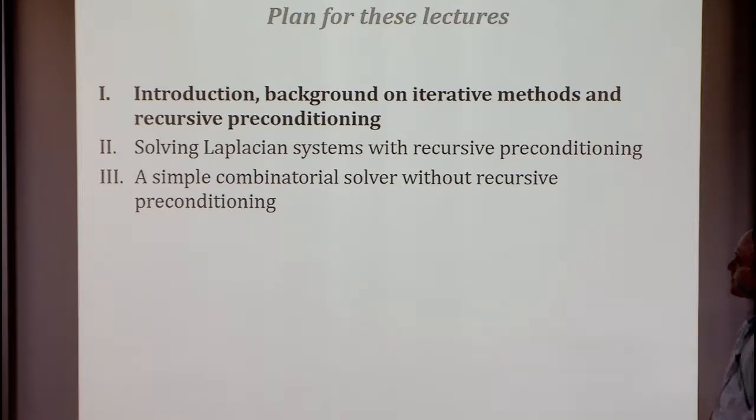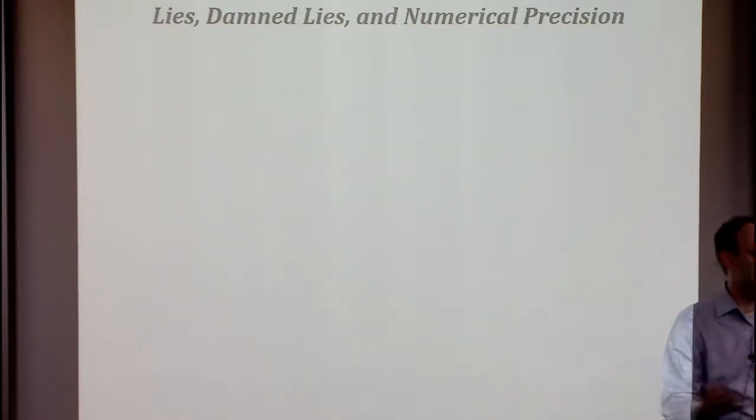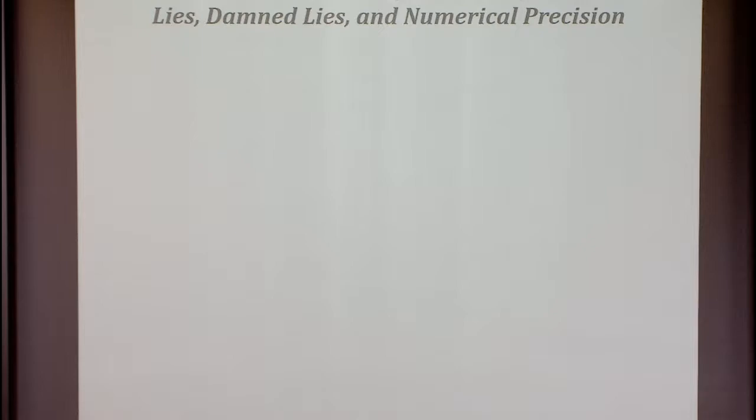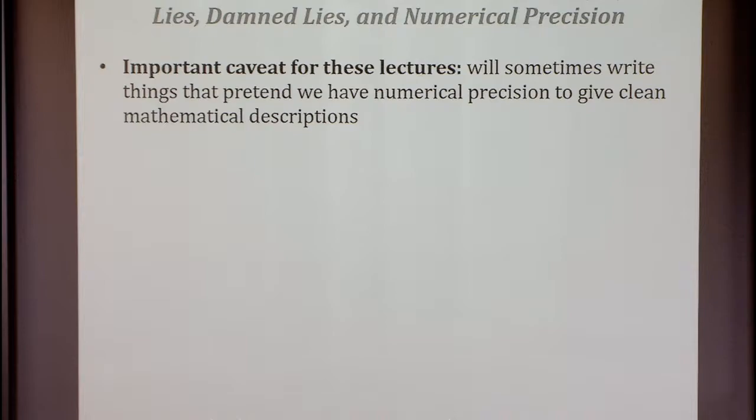Now I'm going to put my apology in here. The general apology is that we're doing numerical analysis, and I'm going to not. A lot of what I'll do today works really cleanly mathematically if you pretend that you can just do real arithmetic, and you really can't.